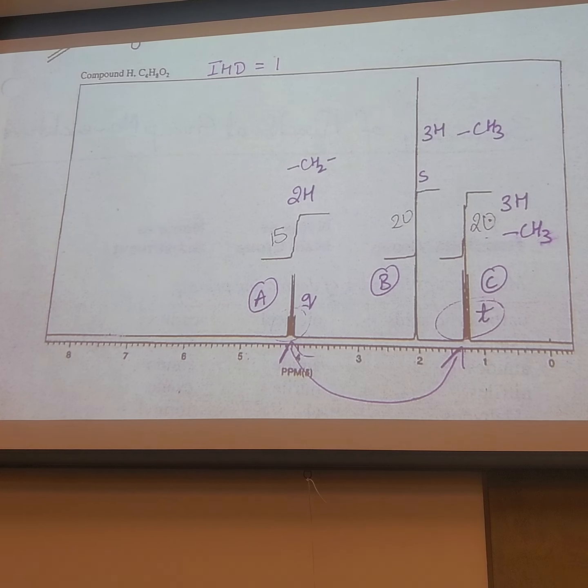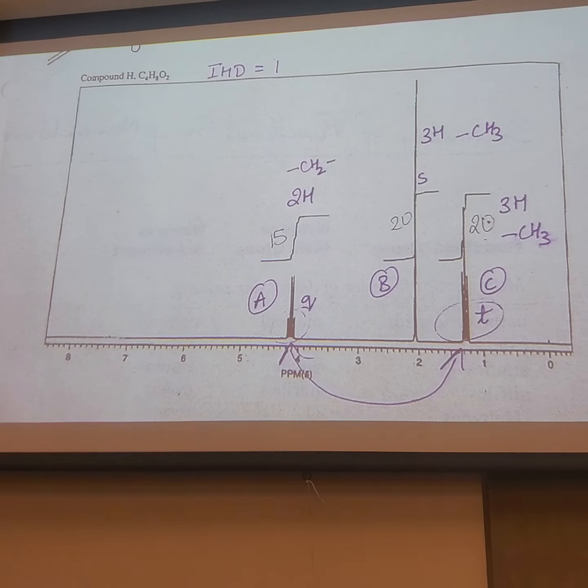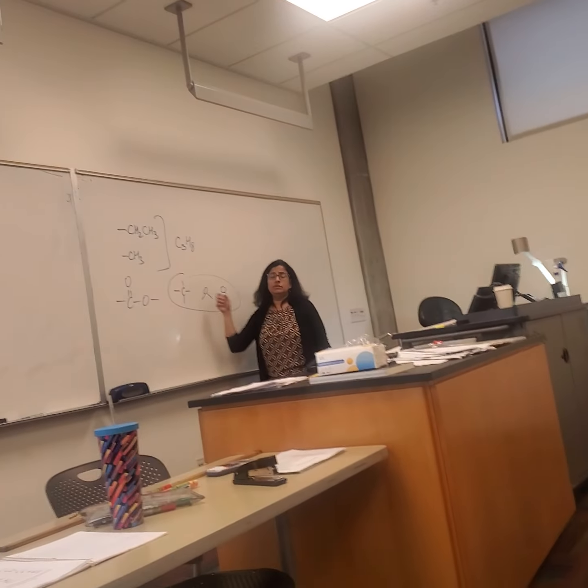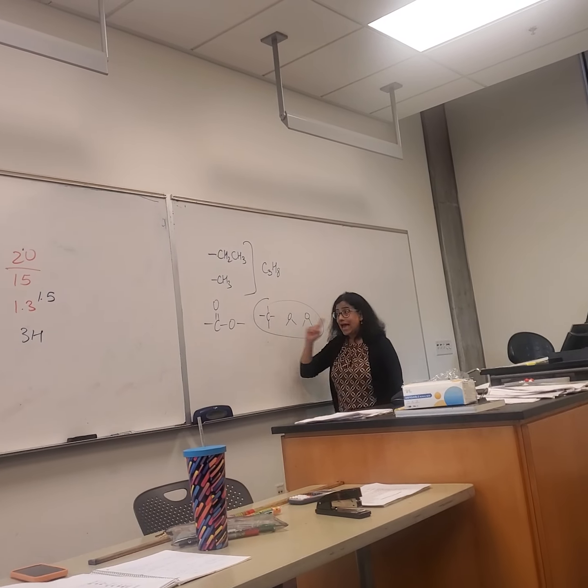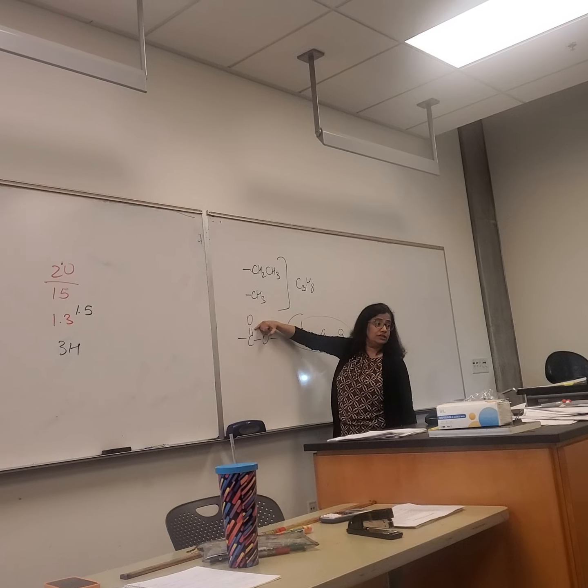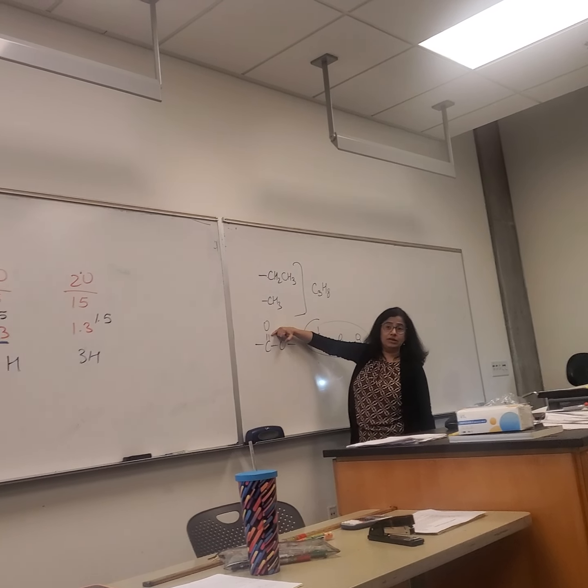What would the group be? Carboxylic. Not carboxyl, but I understand what you're saying. You're saying this group, right? That takes care of the carbon, the 2 oxygens, and the IHD. Everybody with me?